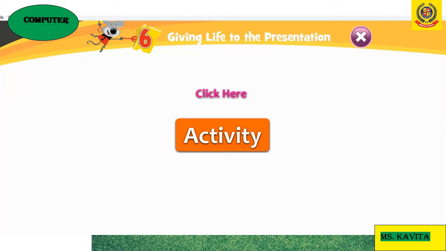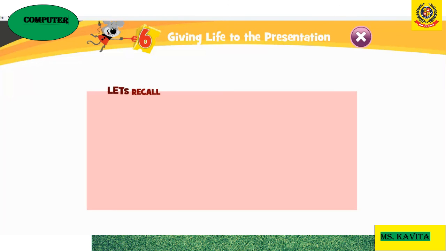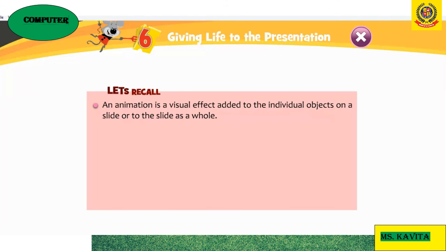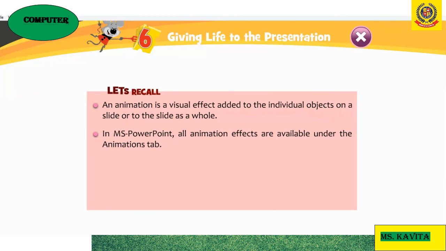Now let's recall. An animation is a visual effect added to the individual objects on a slide or to the slides as a whole. In MS PowerPoint, all animation effects are available under the animation tab.